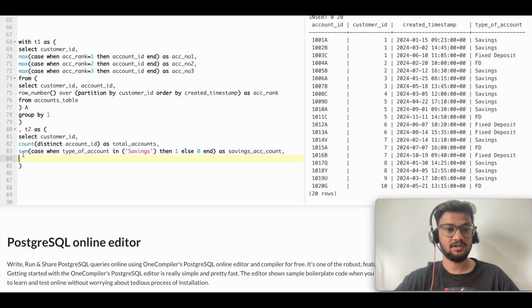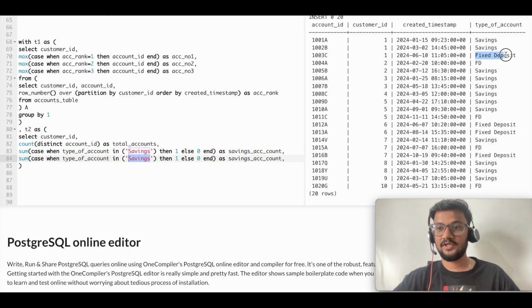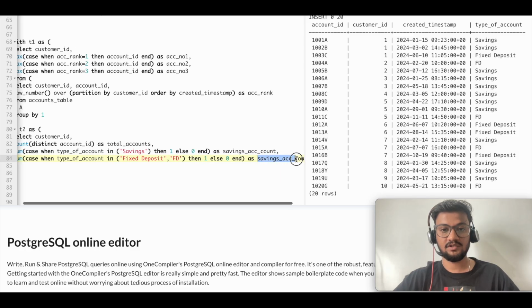And similarly we will create it for fixed deposit, and give this the name as FD account count.